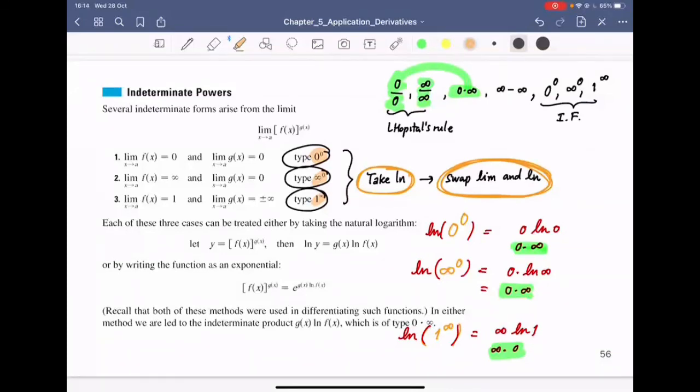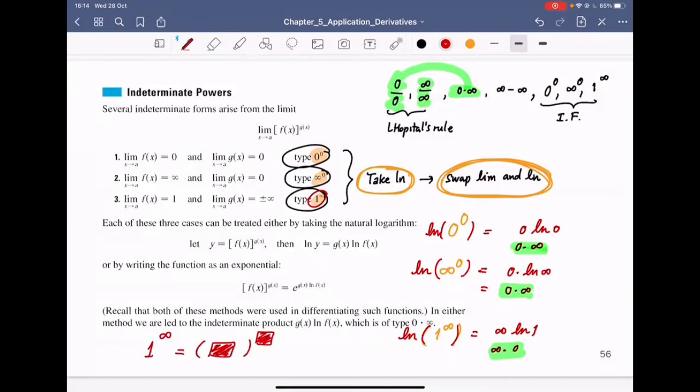So we have one more question from Shuin. He asked why can't we simplify 1 to the infinity to 1? Well, this is not actually 1 to the infinity. The notation 1 to the infinity here is something whose limit goes to 1, raised to something whose limit goes to infinity.